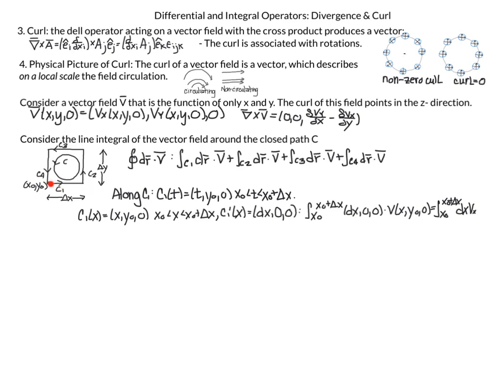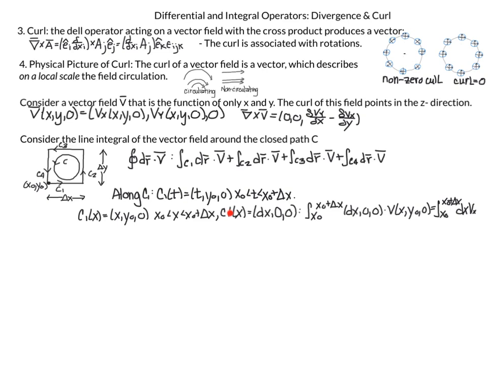In the y direction, we stay at y naught. In the x direction, we start at x naught and end up at x naught plus delta x. So we're going to parameterize our path C1 with the variable t, and t is the x position. So x goes between x naught and x naught plus delta x, y stays at y naught, and z is at 0. So here we have our parameterization.